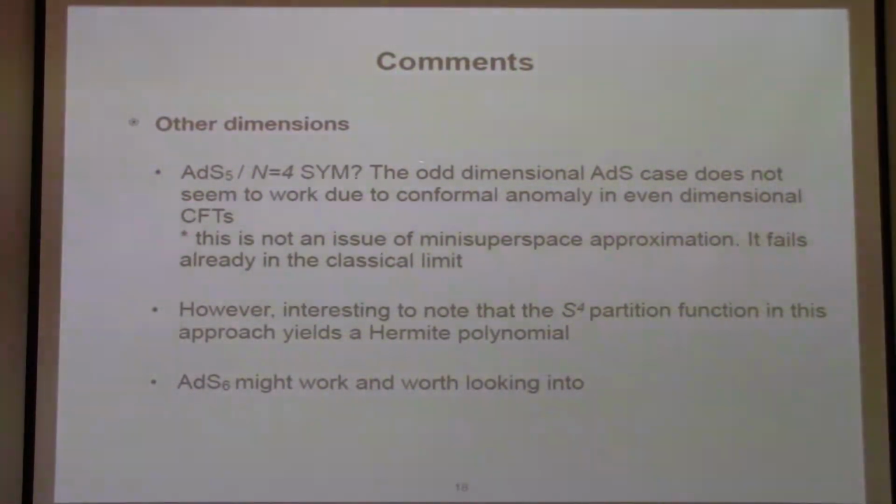But we don't see a clear connection between them. But for the even-dimensional AdS, in other dimensions it might work, and so it's worth looking into the AdS6 case. By now we have the gauge theory answer and the classical gravity answer, and so we can actually test beyond large N.